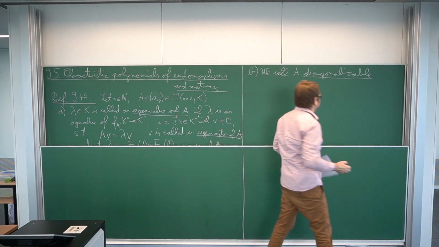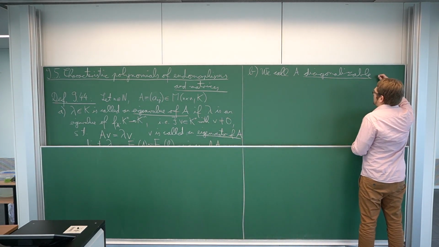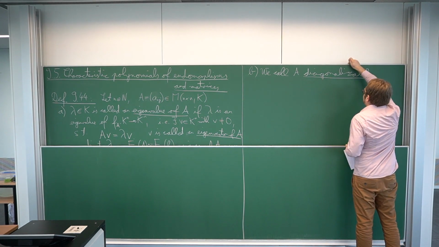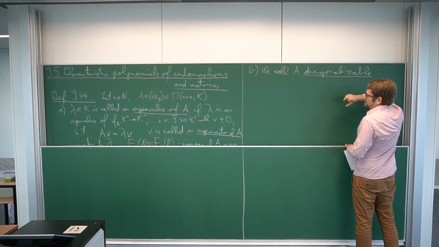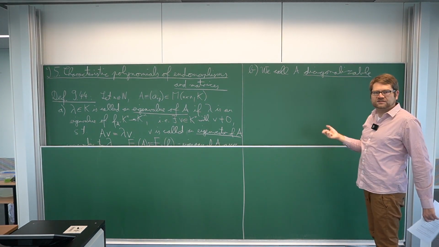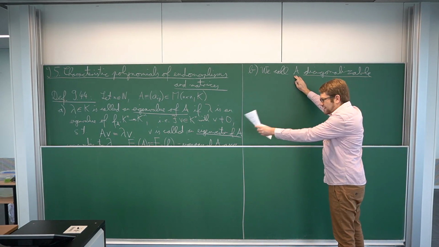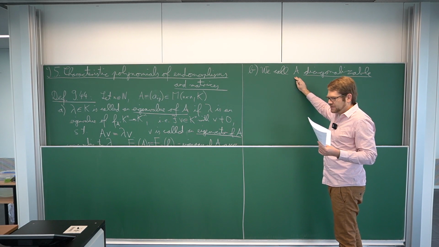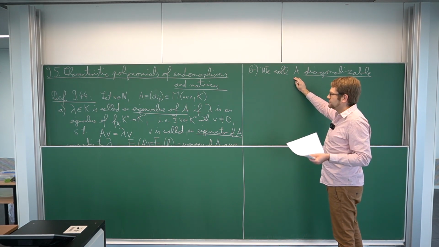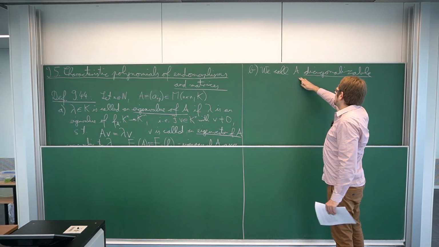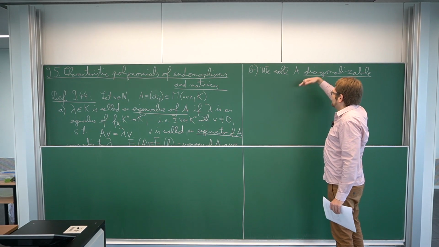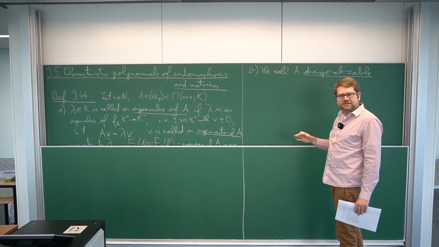So if we can find some basis, and if we take a closer look at what this basically means, because the matrix representations here are quite simple, and we've seen that any two matrix representations of the same map are similar. So A is the representation of F_A with respect to the canonical basis. This is from the definition. And this means we have some matrix representation, which would mean we have some similar matrix here for which we get the diagonal form.